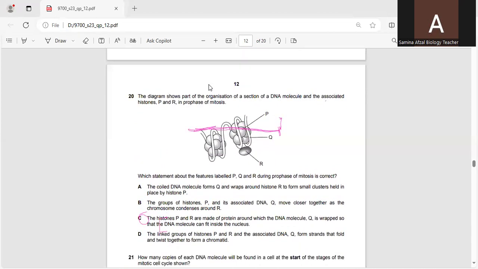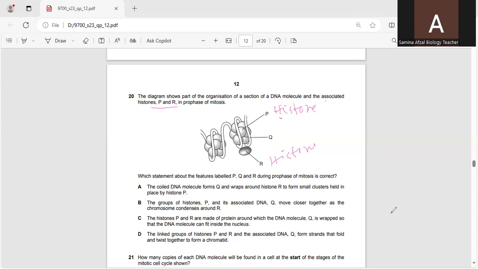You can see in question number 20, the diagram shows part of the organization of a section of DNA molecule and the associated histones P and R in the prophase of mitosis.